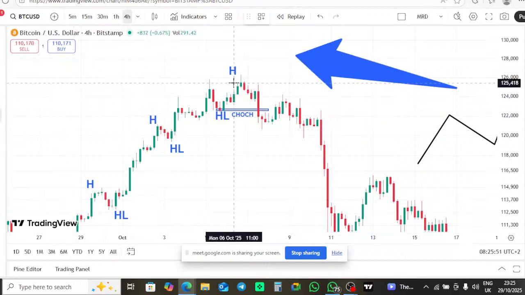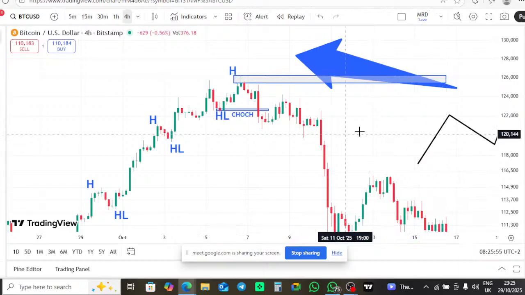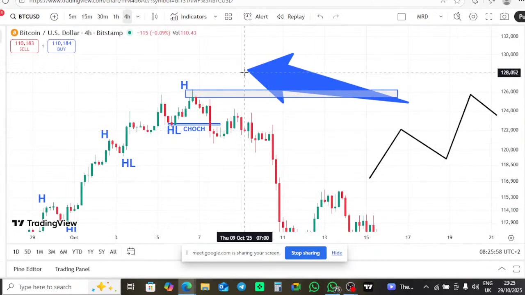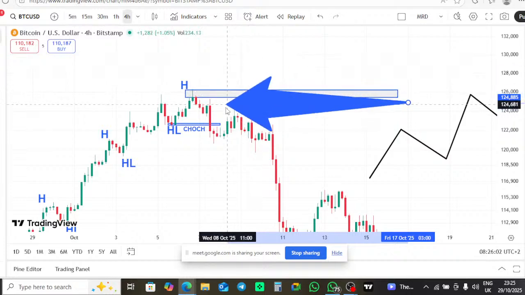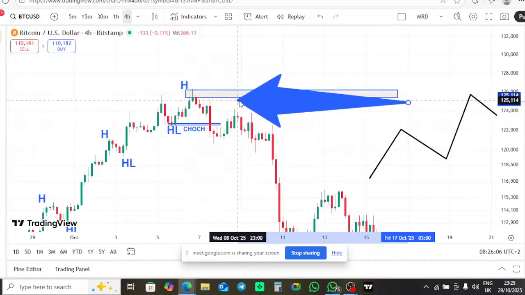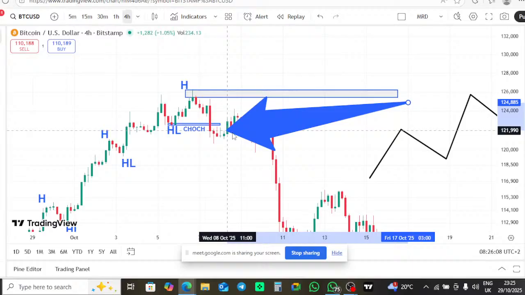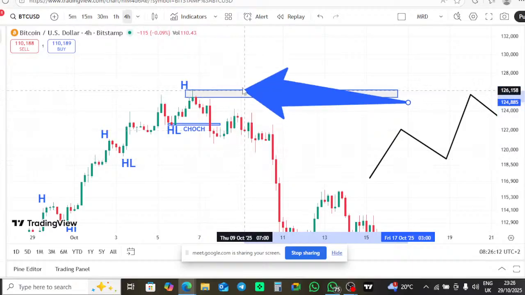So whenever they talk about supply, you will know that this is the supply. Are we together? This is the supply. So we are not supposed to come back and break this level. We can definitely come and retest it and drop, but we are not supposed to break the level.